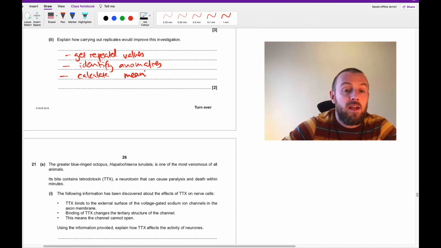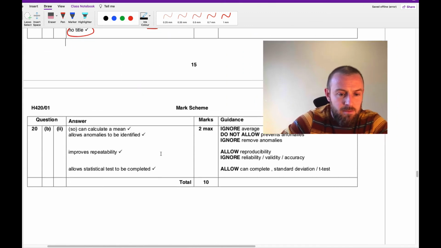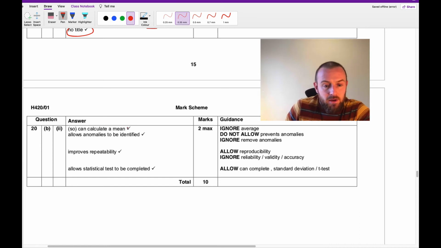Okay, identify anomalies and calculate a mean being the 2 main things I imagine on the mark scheme. Here we are, yeah. So you can calculate a mean and anomalies can be identified. Also, we could have said improves repeatability and allows a statistical test to be completed.